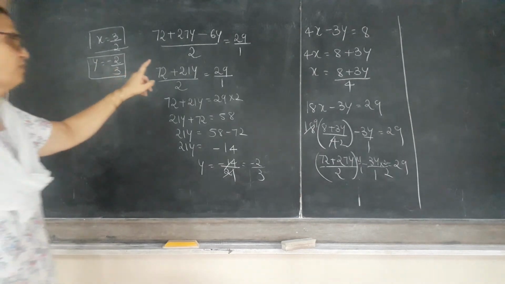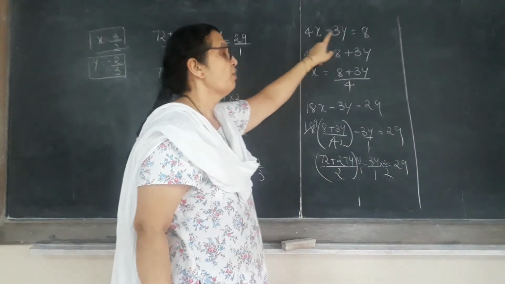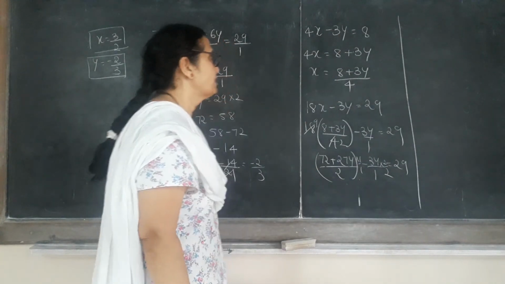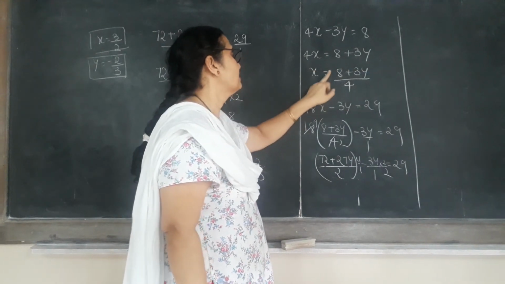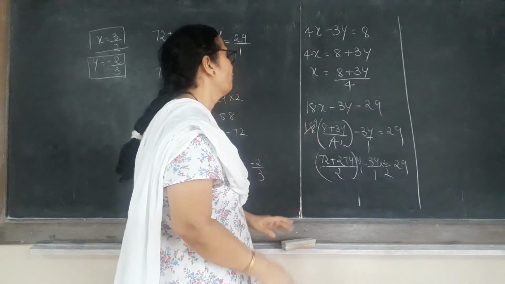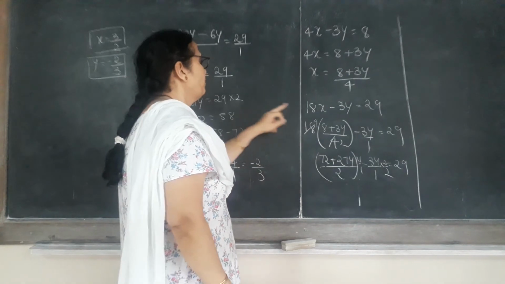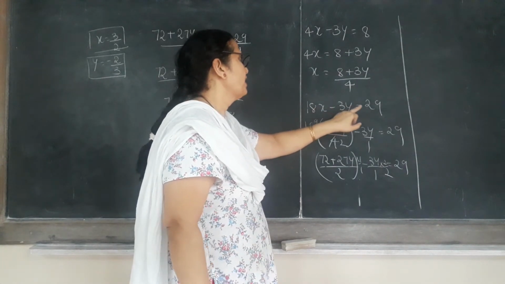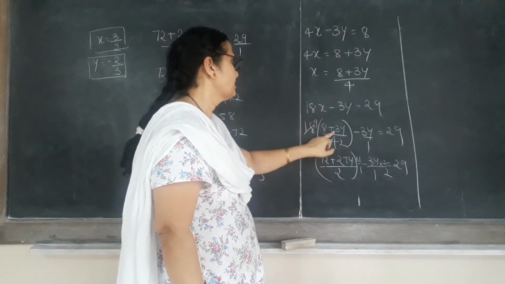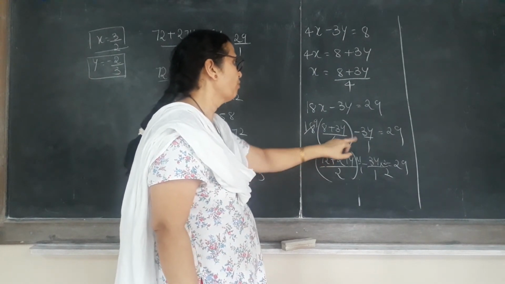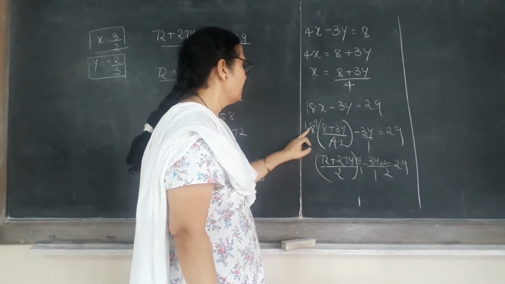Clearly understand? See, first I am taking the first equation. 4x minus 3y is equal to 8. 4x is equal to 8 plus 3y. X is equal to 8 plus 3y upon 4. Now I am taking the second equation. 18x minus 3y is 29. 18, x can be substituted as 8 plus 3y upon 4, minus 3y is 29.